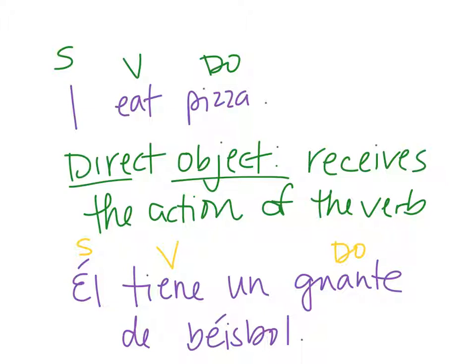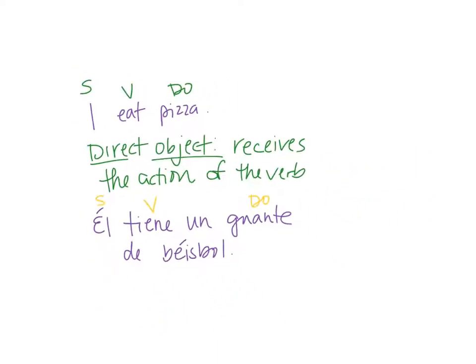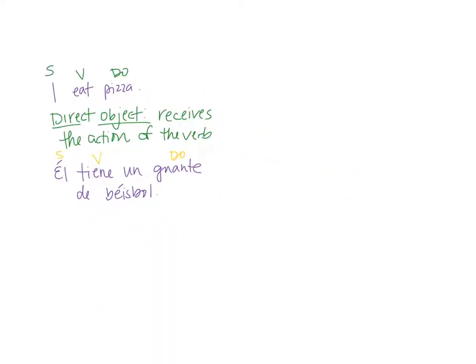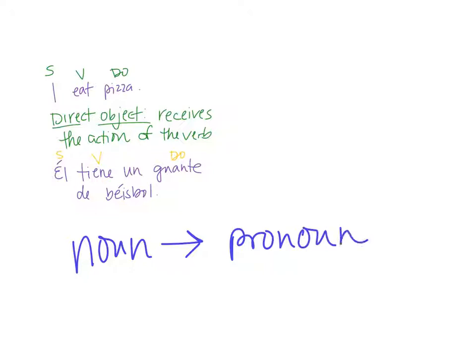We're going to learn how to take those direct objects and flip them from a noun into a pronoun. A pronoun is a word that takes the place of a noun.